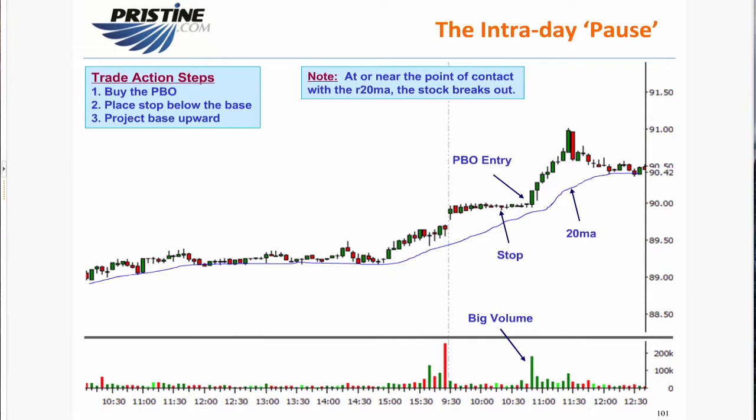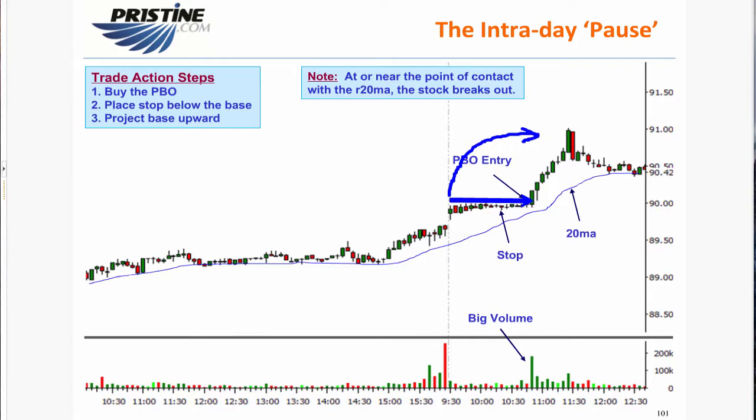But the other thing you could do is measure the size of the consolidation. So you measure the distance of the consolidation and then basically project that upward. So you essentially just extend it up, and that gives you a loose target idea.